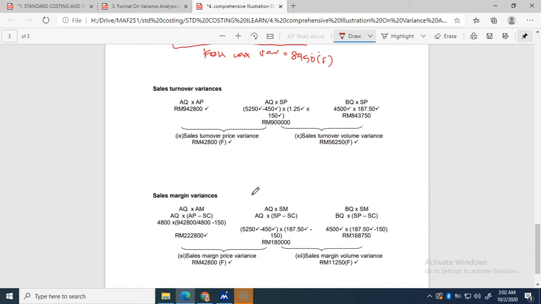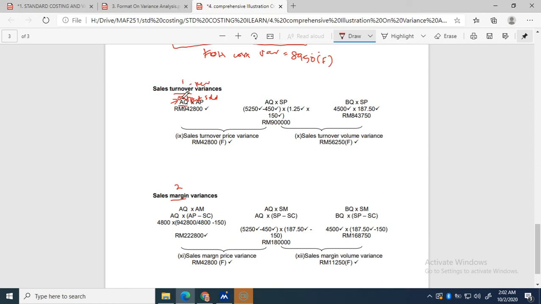Now sales variances, we have two methods. Sales turnover method is number 1, sales margin method is number 2. Turnover means revenue. How to get the revenue of the sales? Quantity sold, this is actual quantity. Quantity of output sold. If you refer to material, actual quantity also, but that one is quantity of material purchased or used.